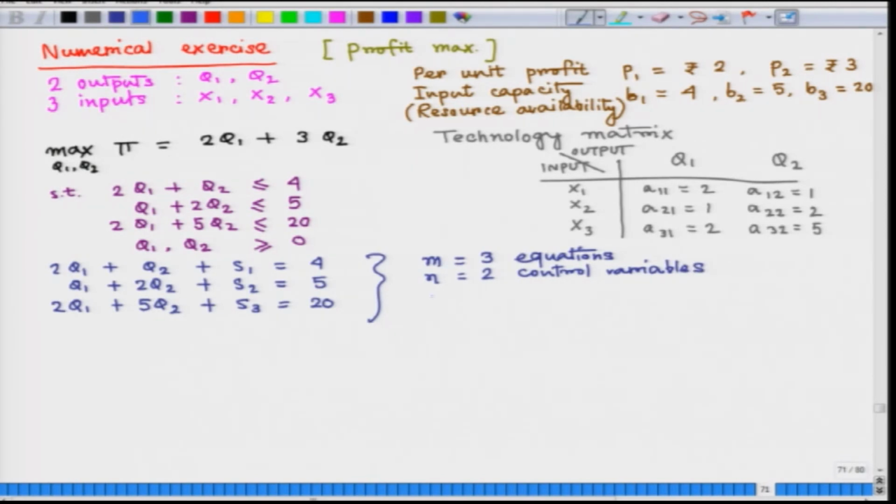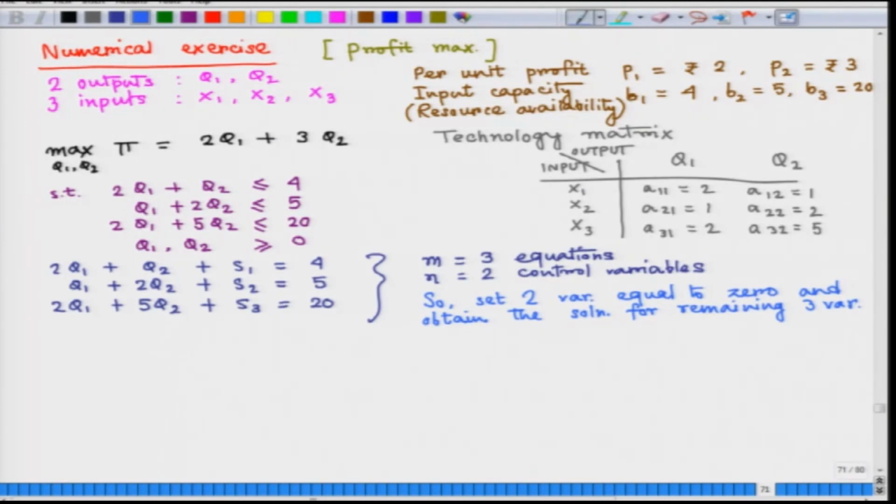We have to set 2 variables to zero, then obtain the solution for the remaining 3 variables, right. Okay.